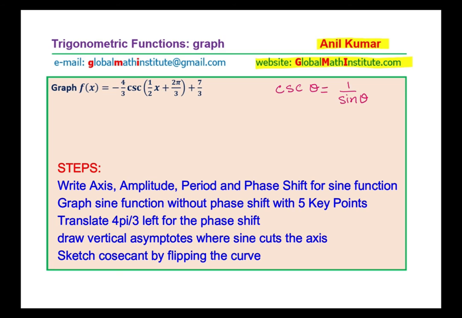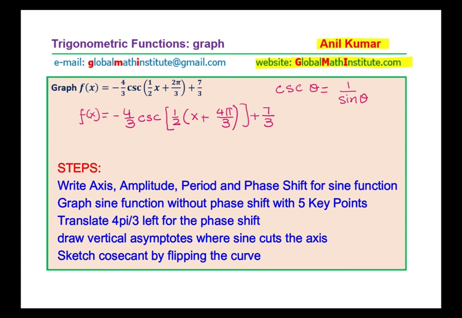Now, even before going there, we need to rewrite our function, which in this case should be minus 4 over 3 cosecant. I use square brackets to factor out half, so it is half of what comes in the bracket: x plus, since you factor out half, it should be 4 pi by 3, correct? And here we have plus 7 over 3.